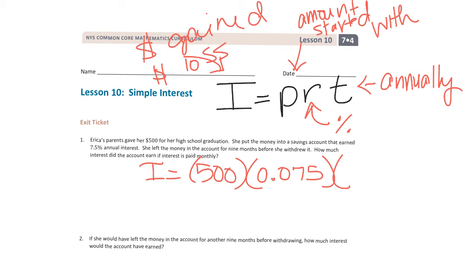Well, in this case, 9 months is less than a year. So 9 months is 3/4 of a year. So you can use the fraction or the decimal. So then you plug that into your calculator. When you do that, you're going to have to round to the nearest cent. And you end up with $28.13 made in interest.